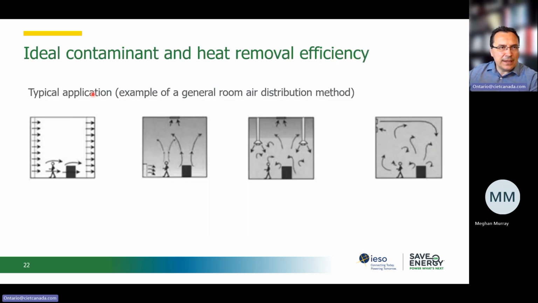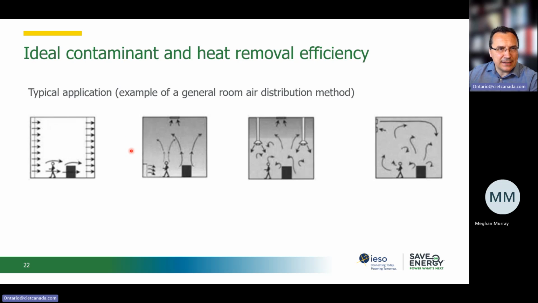So in eliminating the contaminant from the space, we select the ideal or the most effective solution. Some of these examples will show eliminating this contaminant by pushing the air along the room, along the space, and exhausting it at one end.